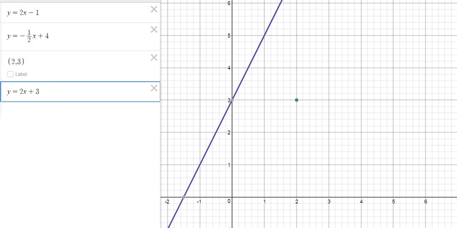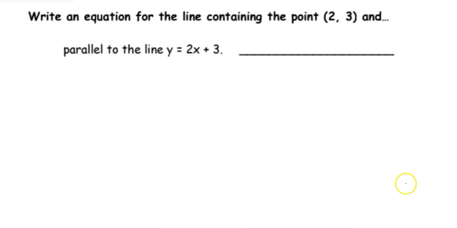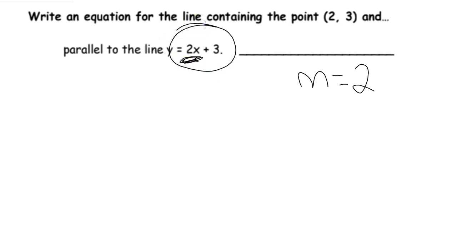Now we're going to see how we found it. Since we have parallel lines, we know that this slope is going to be the same. So the line that we're looking for has to have a slope of 2, because it's going to be parallel to this line.